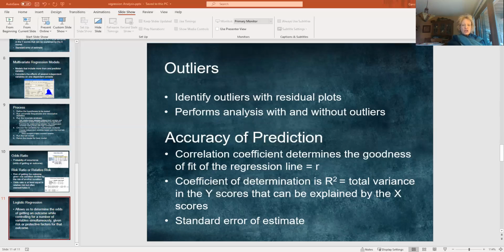The correlation coefficient determines the goodness of fit of the regression line, and the coefficient of determination is your R squared. It's the total variance in the y-scores that can be explained by the x-scores and the standard error of the estimate.